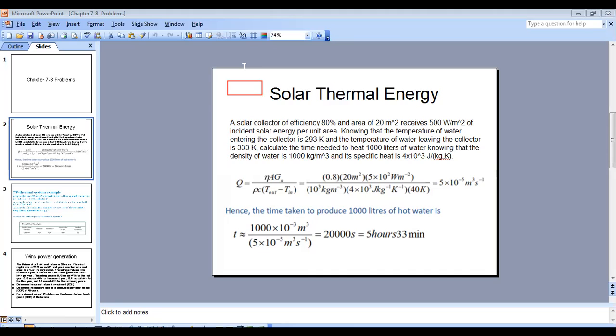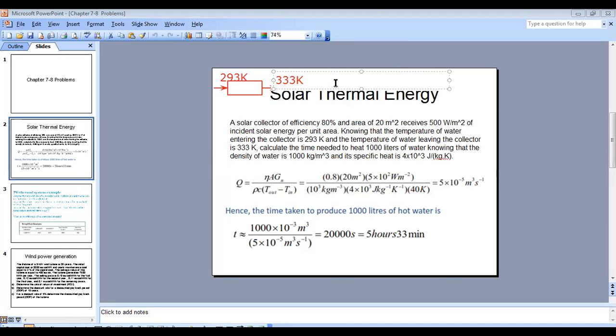For this solar collector, water enters and exits. The inlet temperature is 293 Kelvin and the exit temperature is 333 Kelvin. So we know the initial and final temperature.